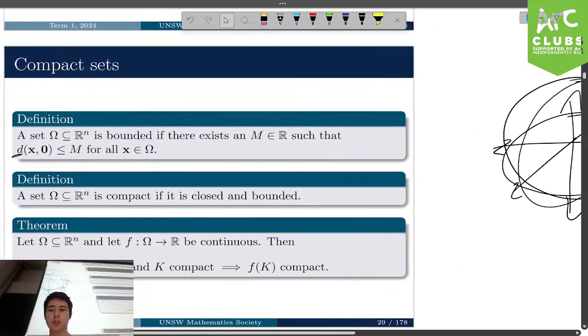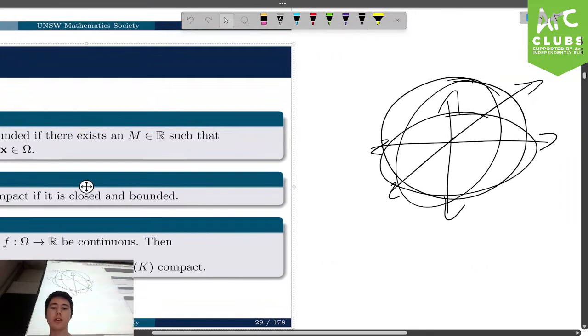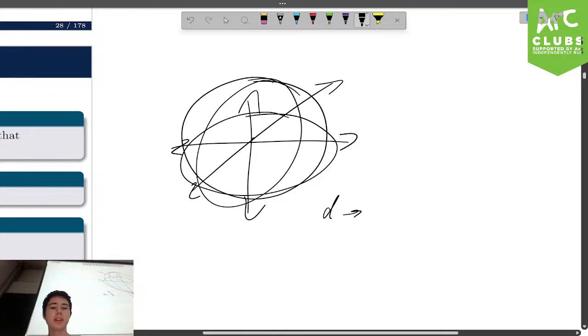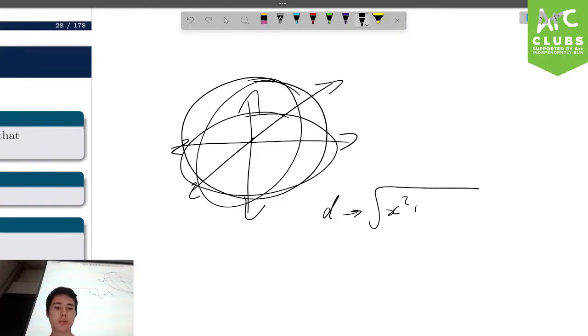Fantastic. So, what does this D mean? Well, it's our form of metrics, okay? D by itself implies a Euclidean distance, which is your standard square root of x squared plus y squared plus yada yada squared.